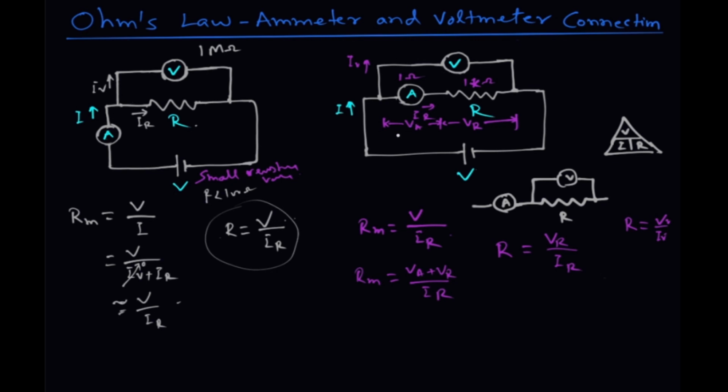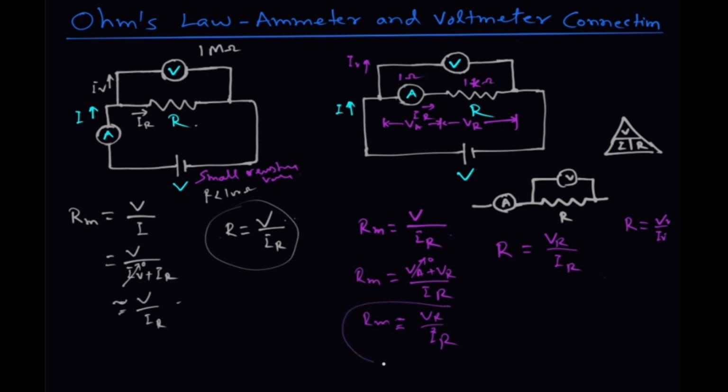So you can easily ignore this voltage. In that case VA is almost negligible, so Rm becomes VR divided by IR, what we should get.